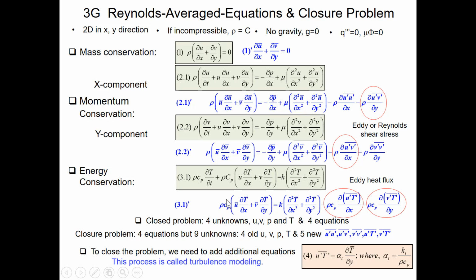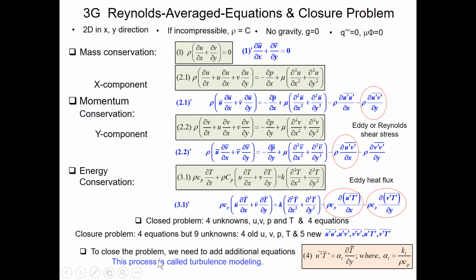Now we're in trouble after doing the averaging, because originally we had four unknowns, four equations. The problem was closed, meaning we could get a solution. Now we still have 4 equations, but we have new unknowns, so we could not get a solution.